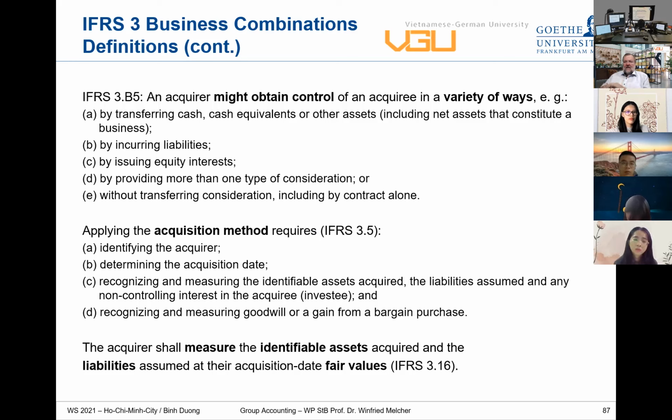If you have a company that you are purchasing and that company has land sitting on the balance sheet, and the land was acquired 30 or 40 years ago, you might understand that the book value of the land is not the fair value of that land. In the meantime, the land has increased considerably compared to that time when you bought it 30 or 40 years ago. So the fair value of that land would be quite higher.